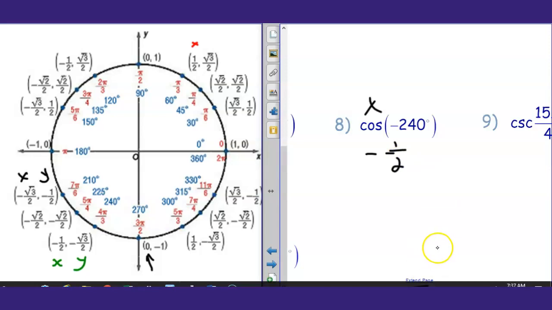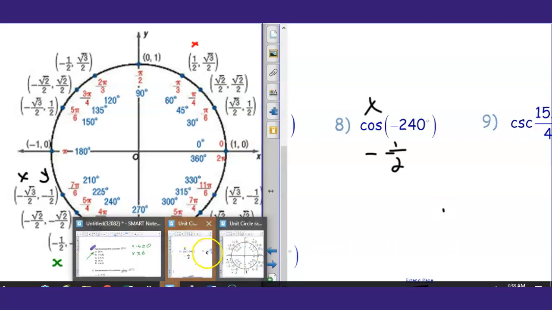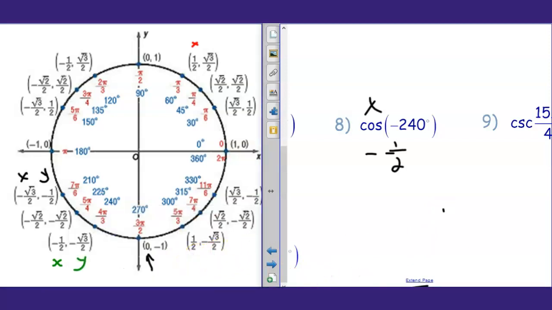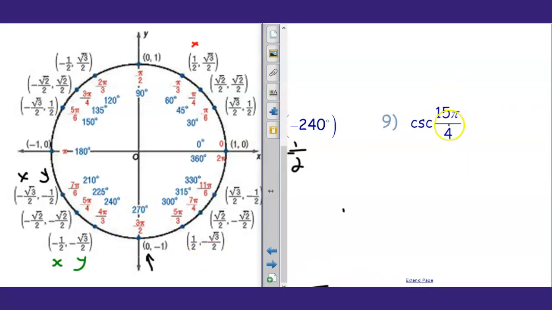Cosecant. For cosecant, we have, let's see what this says, 15 pi over 4. Listen, guys, that's not on the unit circle. So first I'm going to find an angle that's coterminal to this that's on the unit circle. So 15 pi over 4, I'm going to subtract 2 pi, which is 360.